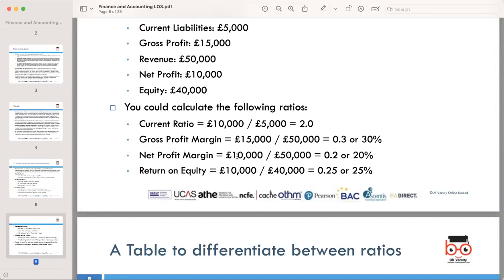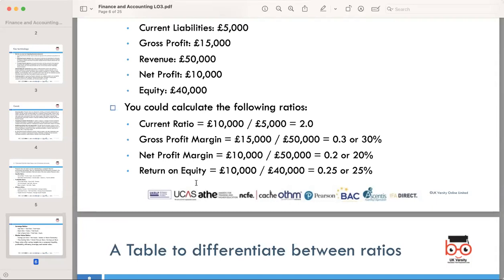So then he's calculating return on equity. As I said, this ratio shows how effectively the company is using its shareholders' equity to generate profits. This ratio is calculated by dividing net profit by equity.